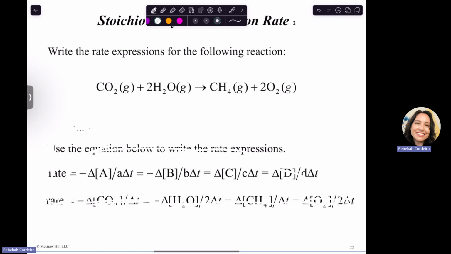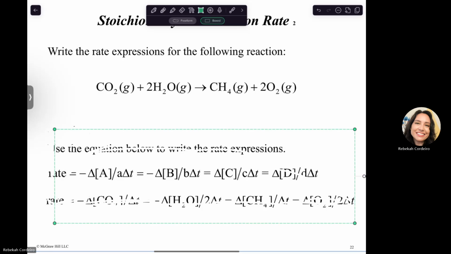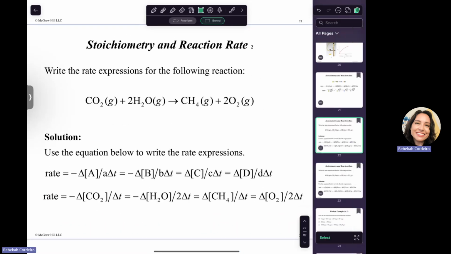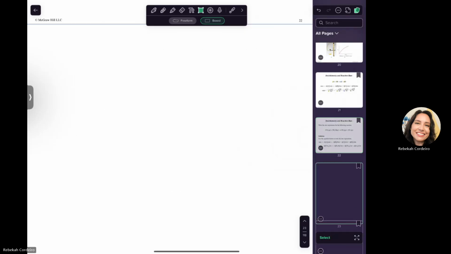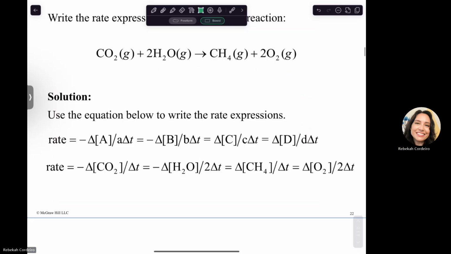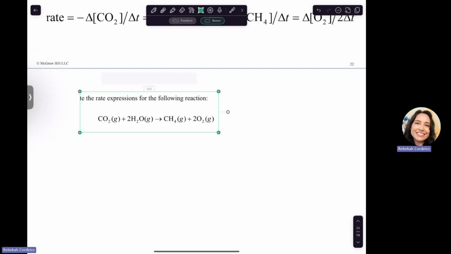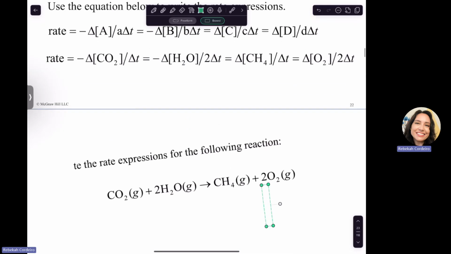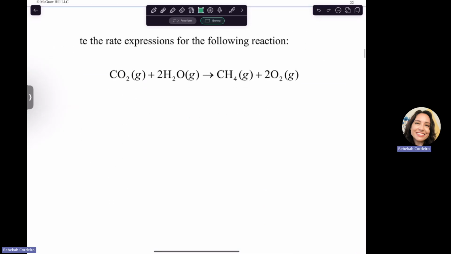I guess I could just copy it into a new one. Just take this. There we go, that's faster.